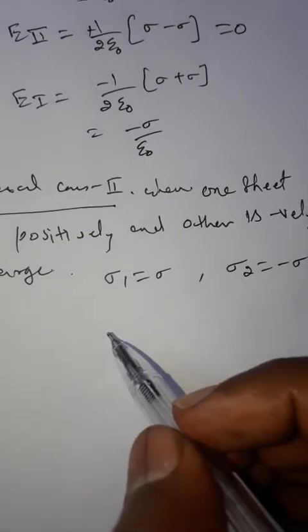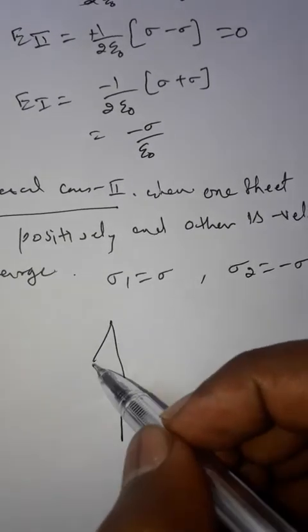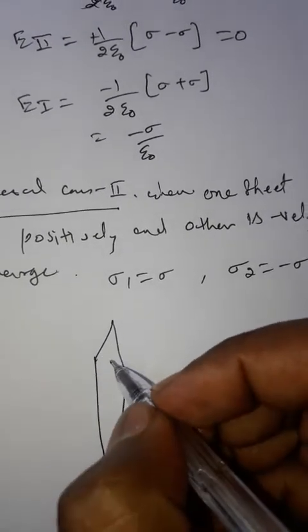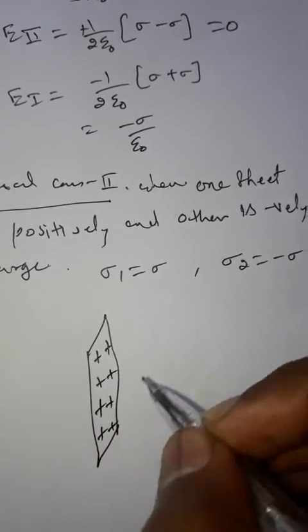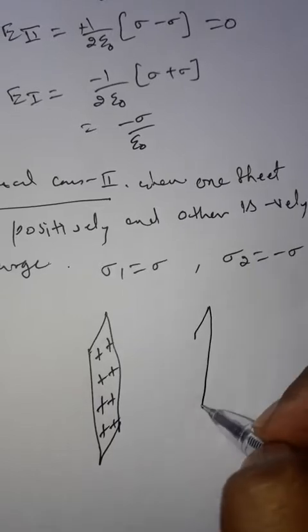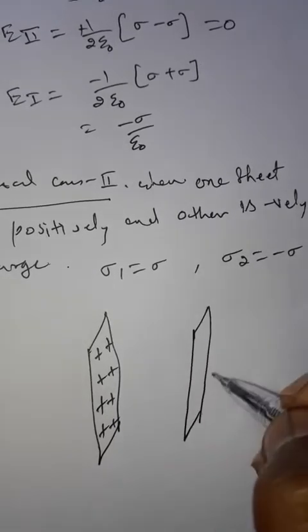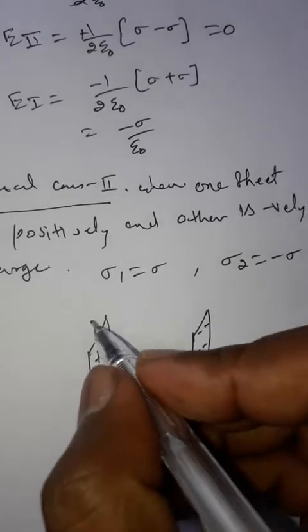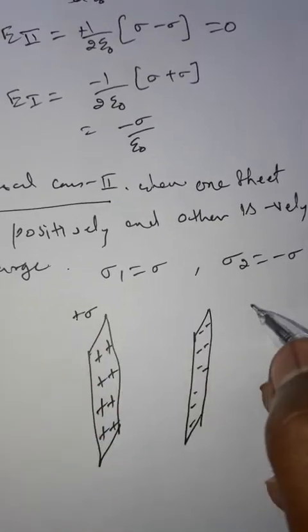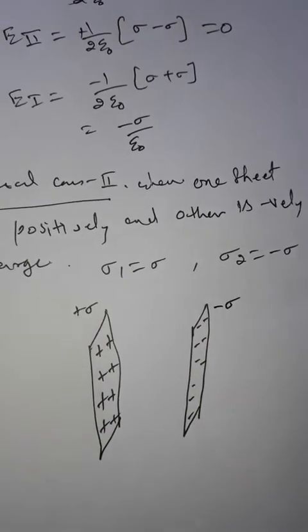So we can write it as a case like this. We have two parallel sheets, the first one having a positive charge and the second one having a negative charge, but the charge density is plus sigma and minus sigma.